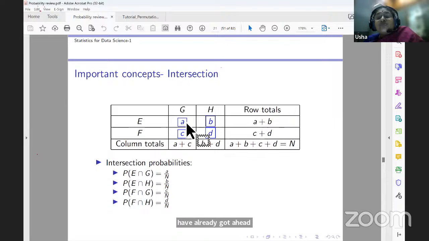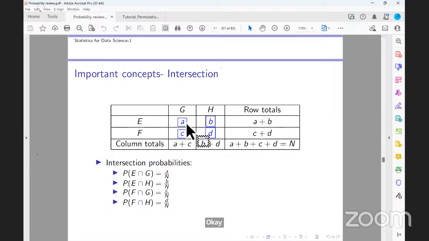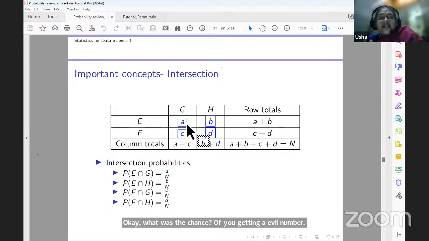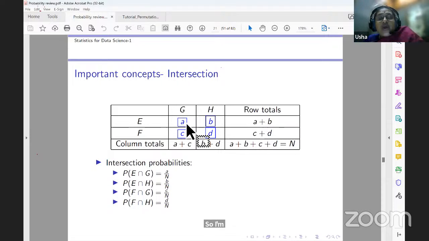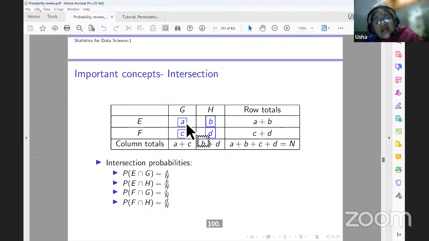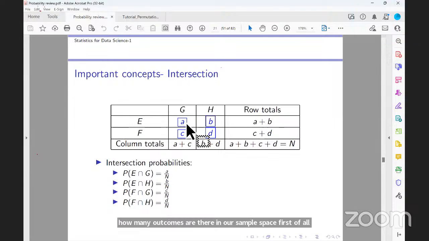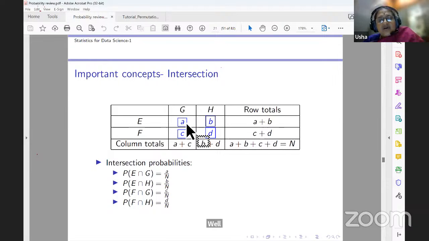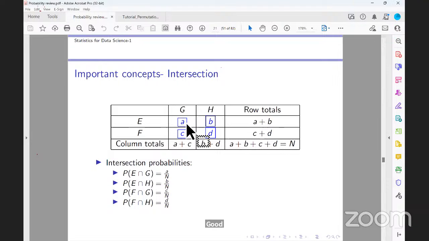How many outcomes are there in the sample space, first of all? 12. I'm telling you that you have a head. Head is there. So how many outcomes do you have to only see now? 6. What is the chance of you getting an even number from that? 3 by 6, which is half.